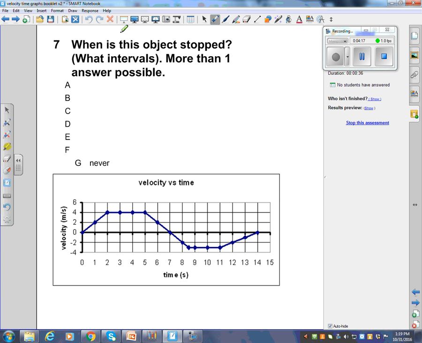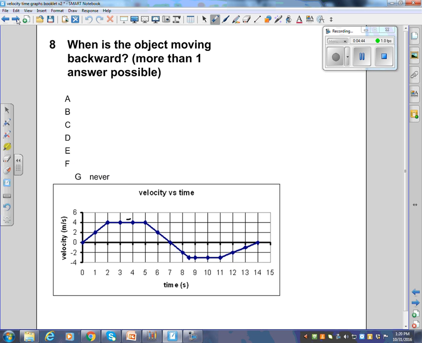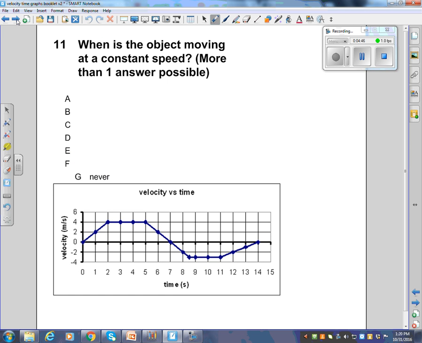Yeah. Okay, and I've given you the intervals, and those intervals again are A and B and C and D and E and F. There is also one more answer, that is interval G, which stands for never. And more than one answer is possible. I repeat, more than one answer is possible for questions 7, 8, 9, 10, and 11.